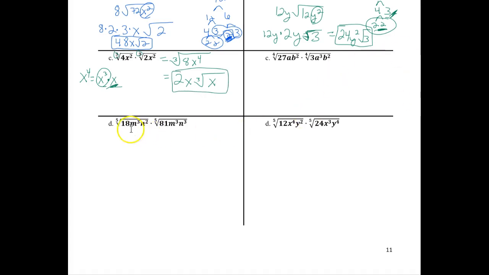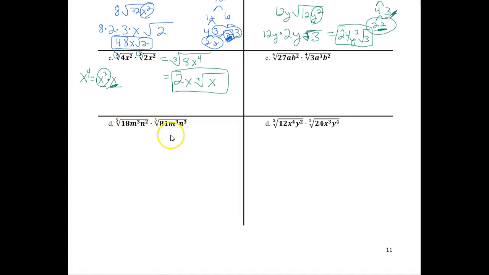In part D, now we have a fifth root. Okay, so with this one, because 18 and 81 are pretty large numbers, we just have to keep in mind that as we're factoring, whatever number we get, it started from 18 times 81.